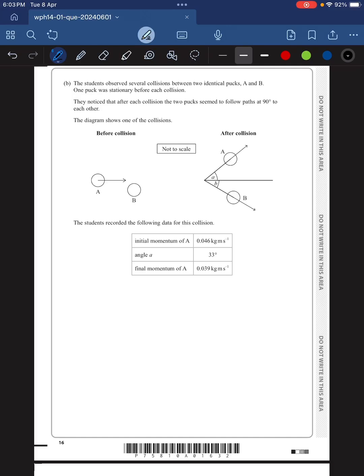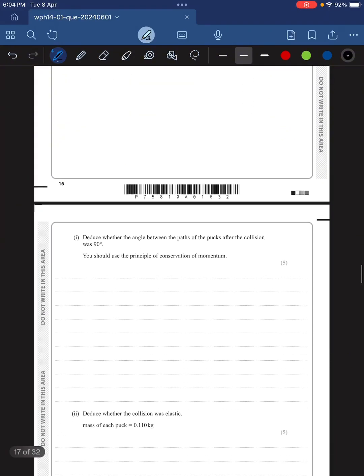The students recorded the following data for this collision. The initial momentum of A, which we're going to call PA, the angle A, which is that one, the final momentum of A, we're going to call that PA prime, P subscript A prime. And yeah, let's go see the question.